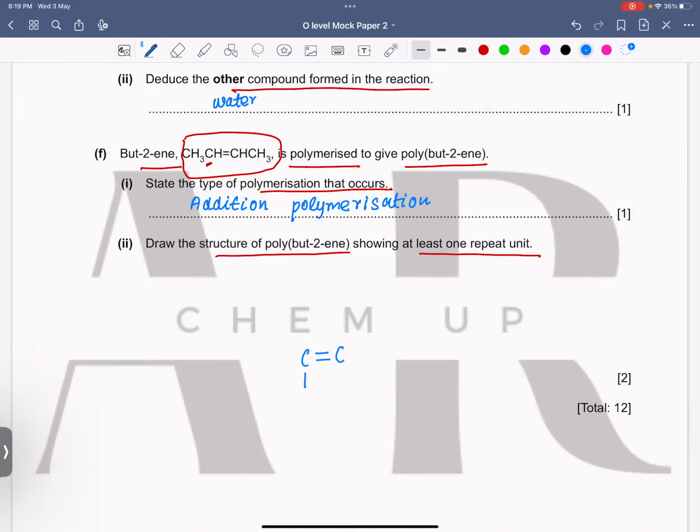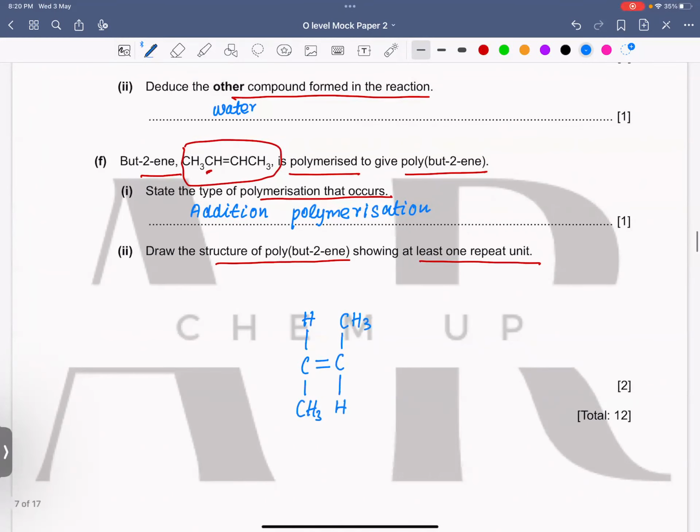So you can put two bonds, one above and one below, and it's up to you whether you will put H or whether you will put CH3. It doesn't matter. Okay. Then do the same thing on the right side as well. Place a CH3 on one side and the H on the other side. It doesn't matter where you are putting it. Okay. After doing this, you would remove the double bond, make it a single bond, and then place empty bonds on left and right.